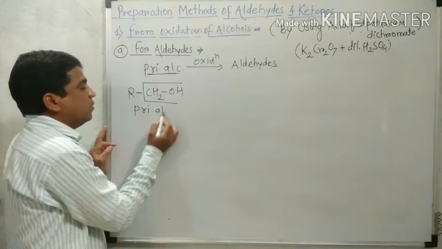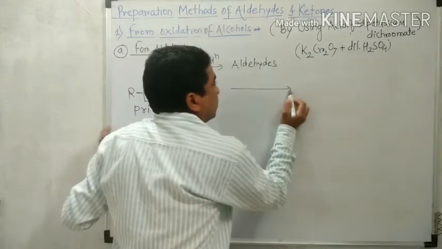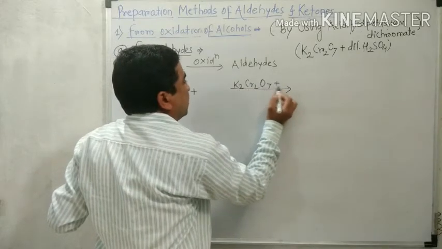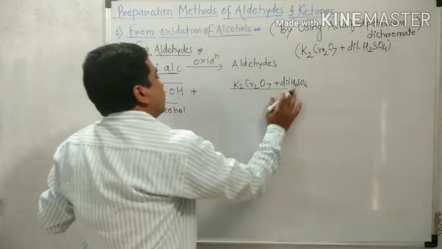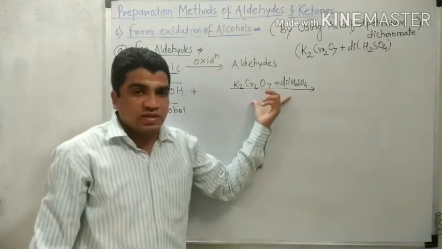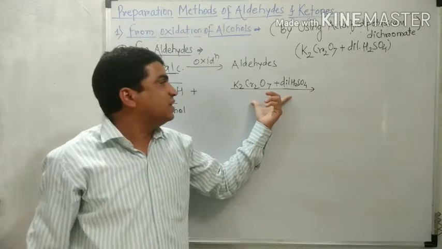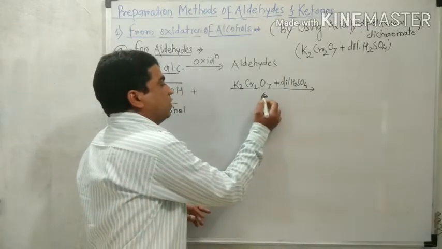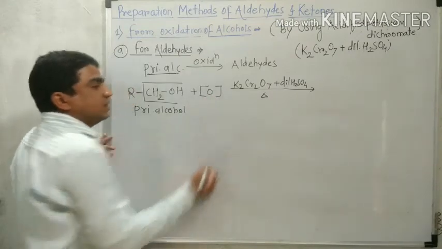Therefore, when this primary alcohol is oxidized by using the mixture of K2Cr2O7 plus dilute H2SO4, that is acidified potassium dichromate, after some heating, nascent oxygen is produced in the reaction.